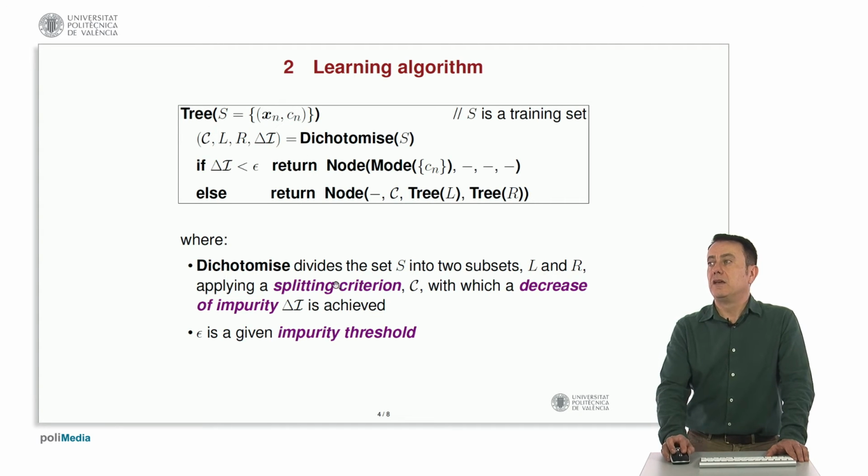Dichotomize divides the set S into 2 subsets L and R, applying a splitting criterion C with which a decrease of impurity delta I is achieved.